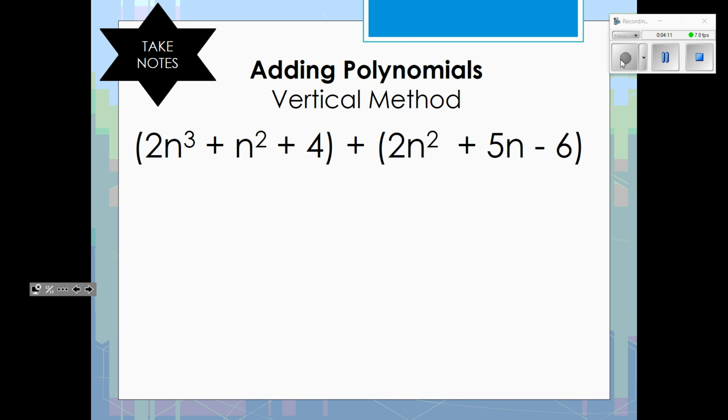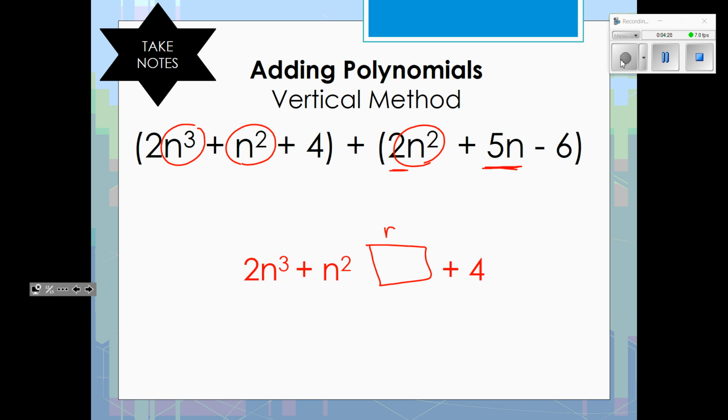When we look up here again, I notice that I have an n cubed, but I don't have an n cubed over here. I have an n squared here, n squared here. I have an n here, but not over there. So as I'm thinking about that ahead of time, when I write the first one down, I leave space right here where an n term would go, but I don't have one in the first polynomial. And then as I stack the second polynomial underneath it, I stack it according to like terms.